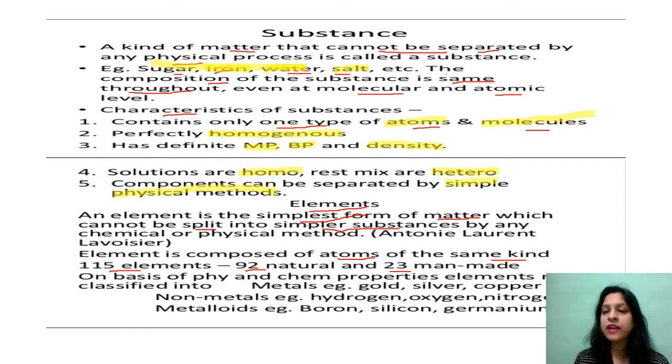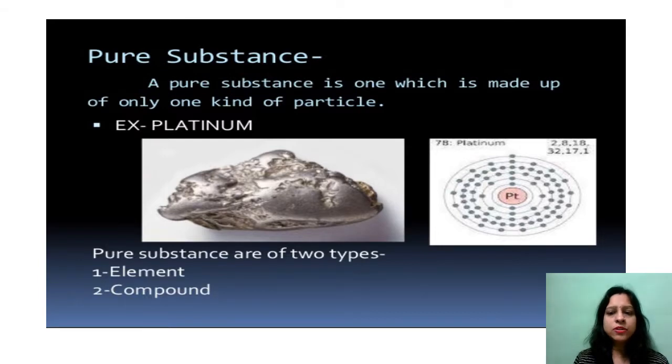किस किस में हम divide? So beta, pure substance. All right. So pure substance is the one which is made up of only one kind of particle. ये हम पहले ही बता चुके हैं. For example, iron, platinum. So this is platinum and this is the electronic configuration of platinum. ये अभी आप लोग बाद में करेंगे. ठीक है.